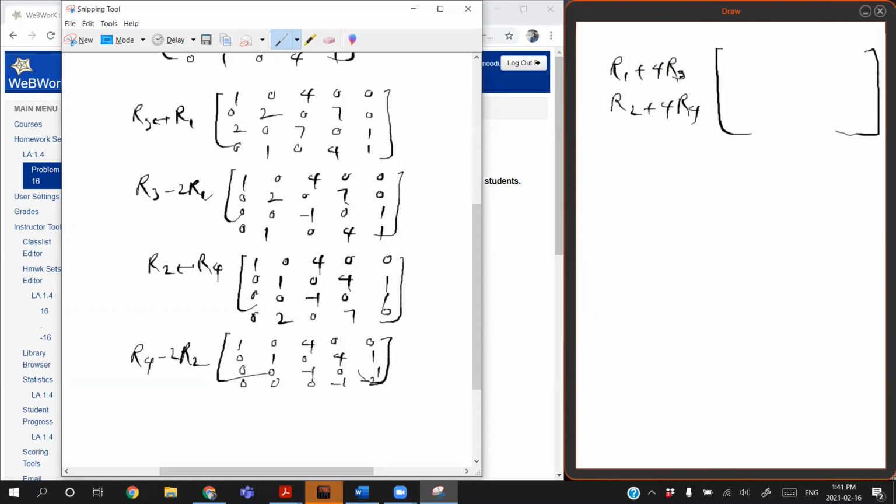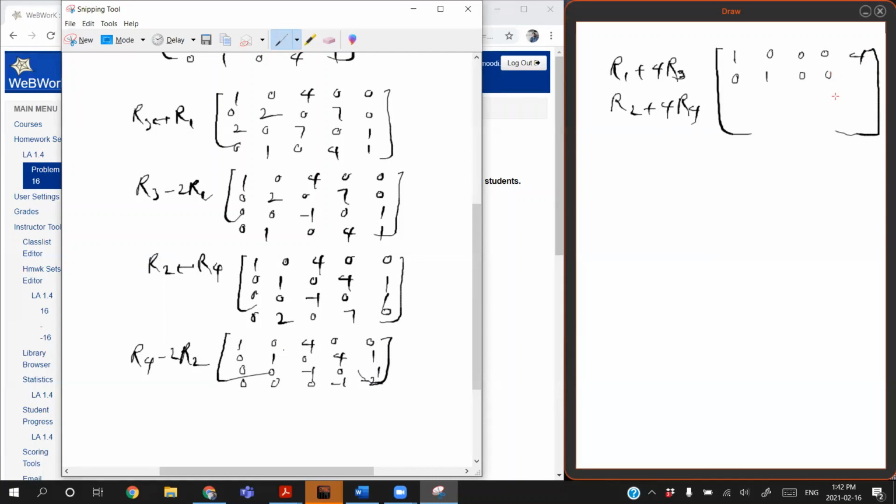So I'm going to get 1, 0, 0, 0, and then 4 times this added to this, it's going to give me 4 here. Four times the last row added to the second row, I get 0, 1, 0, 0.